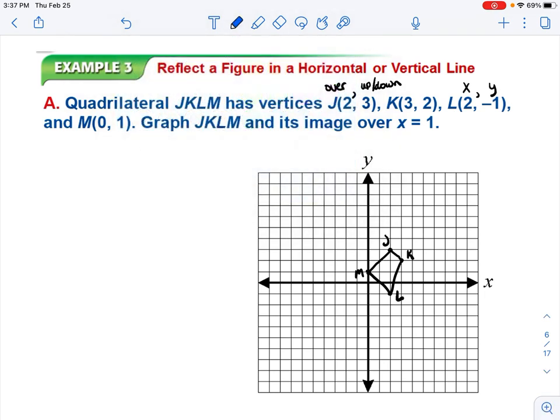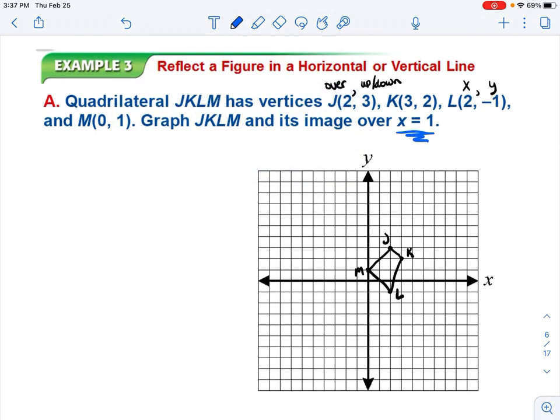Now, next thing we need to review. What is x equals 1? Because that is our line of reflection that we are going to reflect over. Well, we know that x equals lines are always vertical lines. Okay? So x equals 1 is just a vertical line through 1.